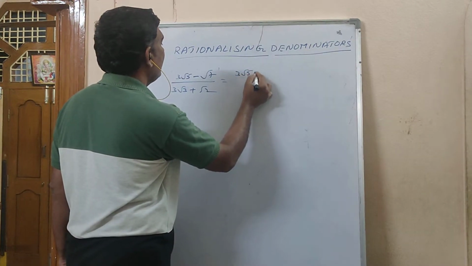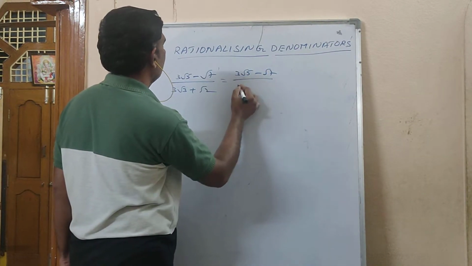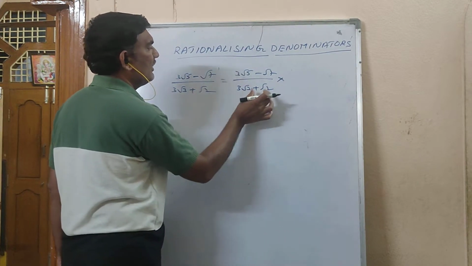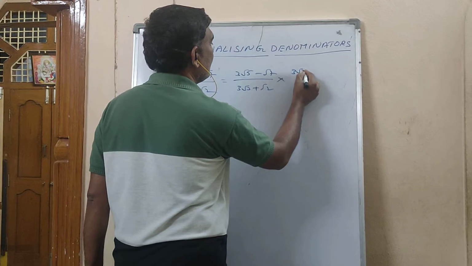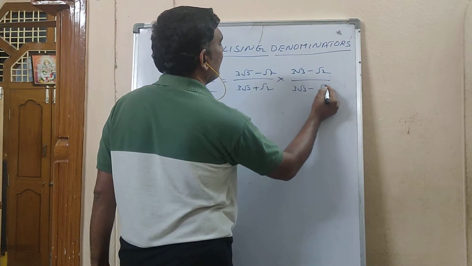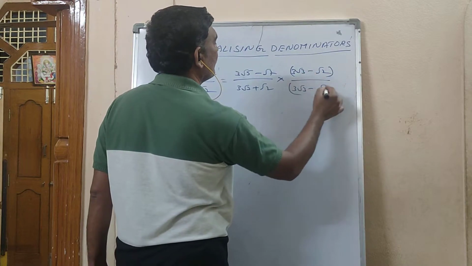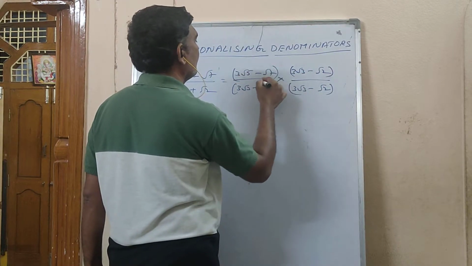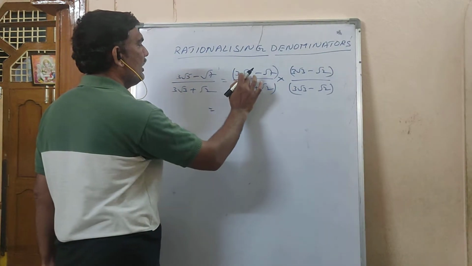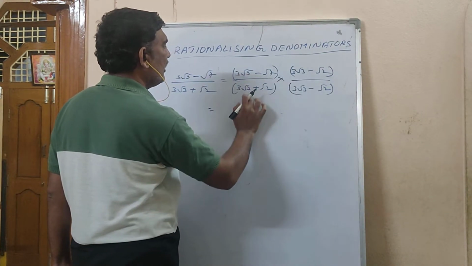So, as it is, write it. Its RF is 3 root 3 minus root 2 by 3 root 3 minus root 2. Multiplications are important.